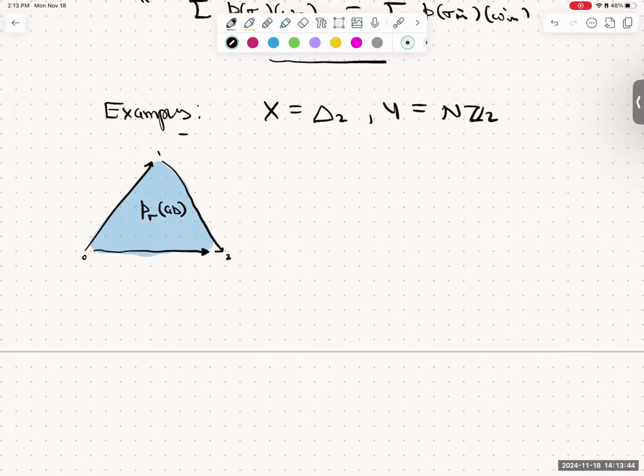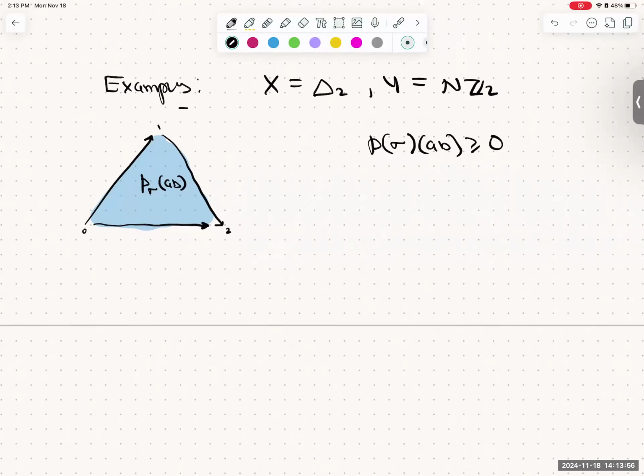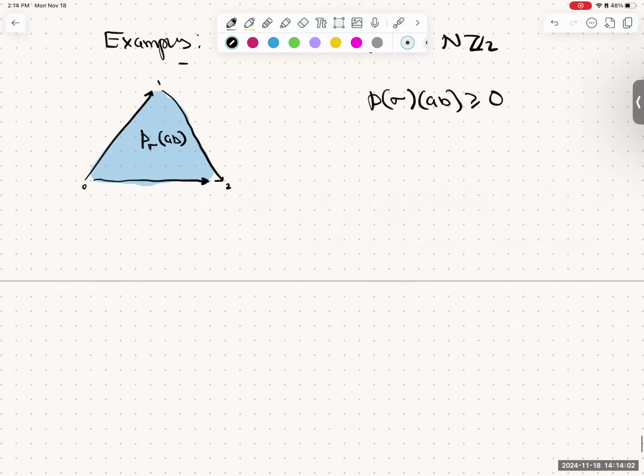It's going to be p of sigma of AB greater than or equal to 0. How many coordinates are there? There will be 4 coordinates, 4 possible outcomes. And then there will also be a sum over AB of p sigma of AB equal to 1.